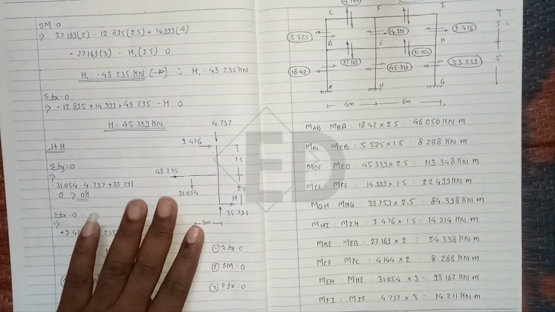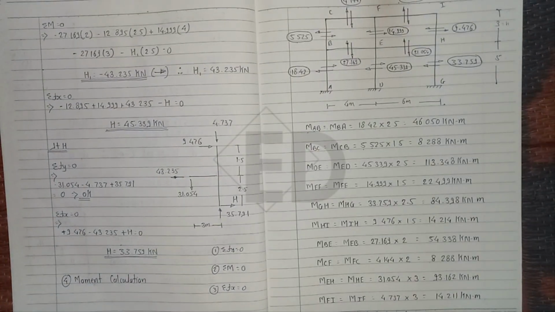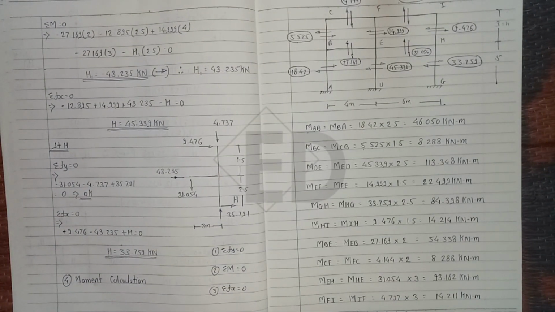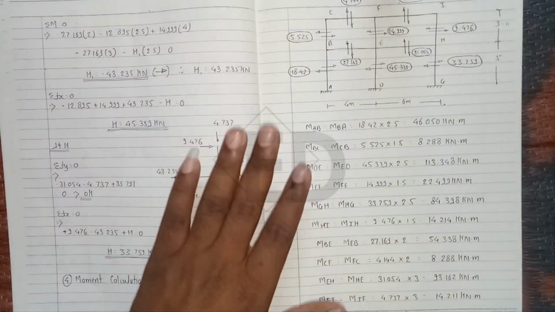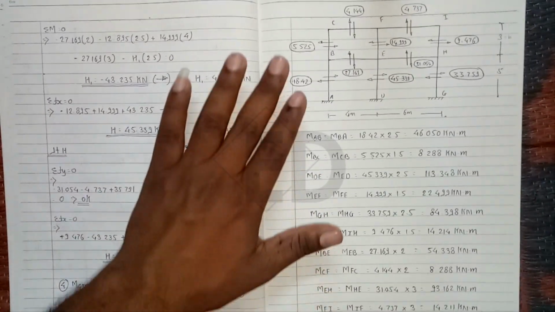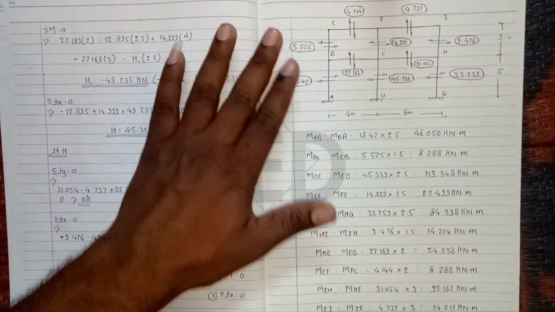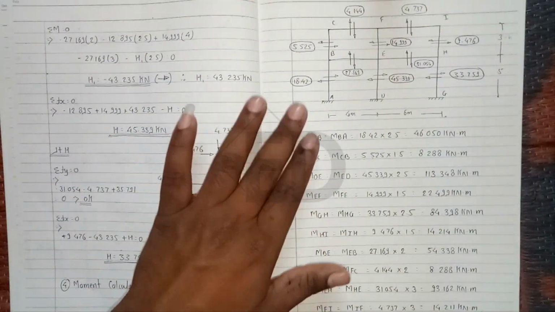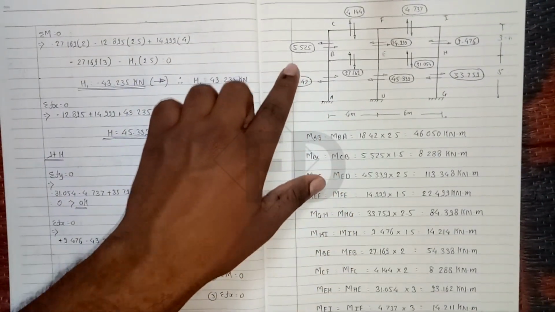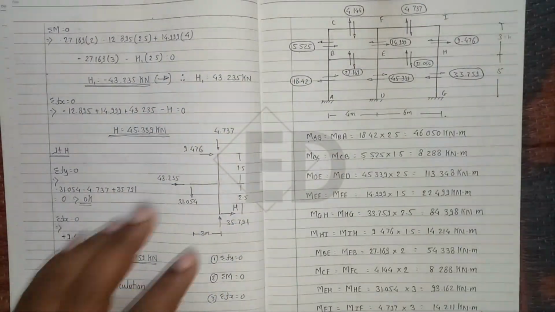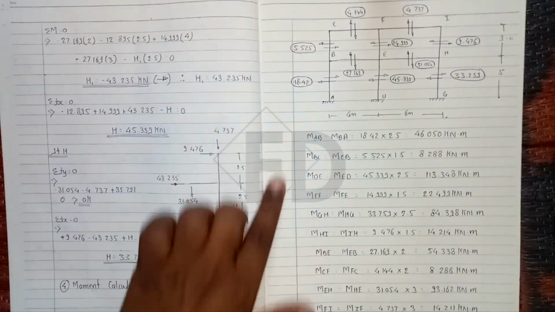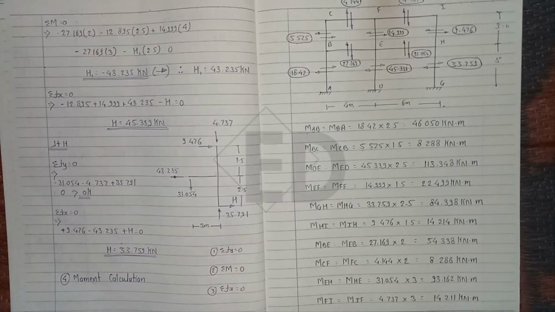By applying these operations we get the values of shear forces and axial forces. Once we get these, draw the diagram like this, and it is very easy to use this diagram to calculate all the moments. So thank you.